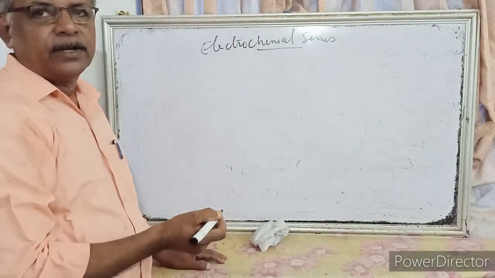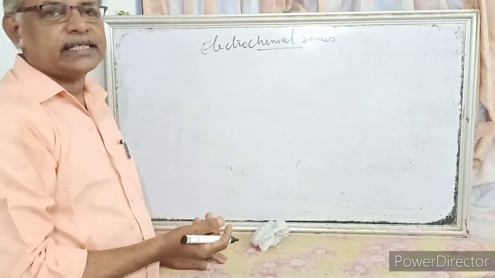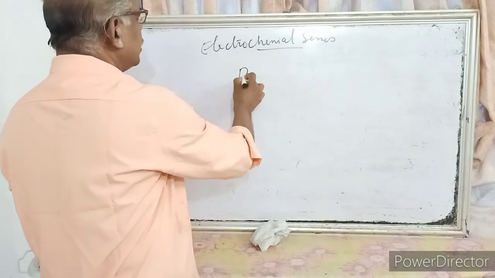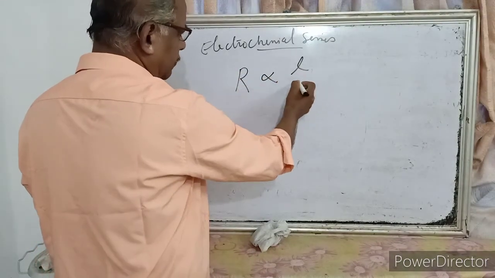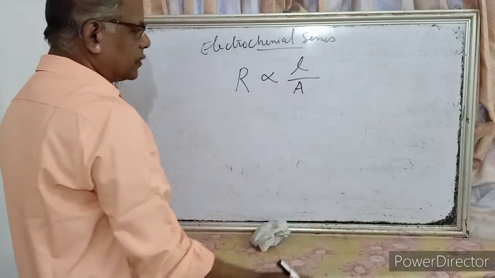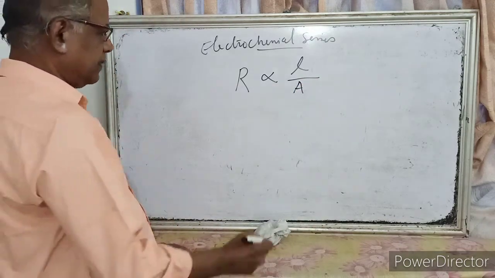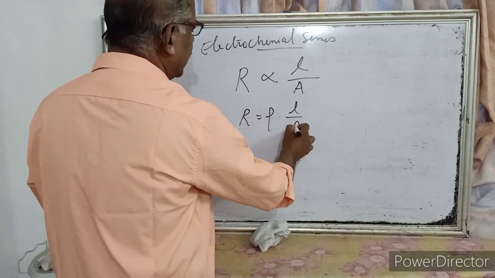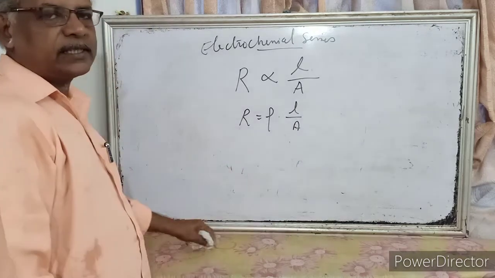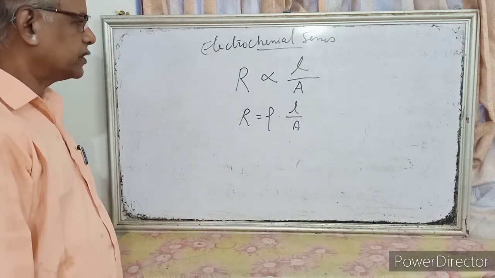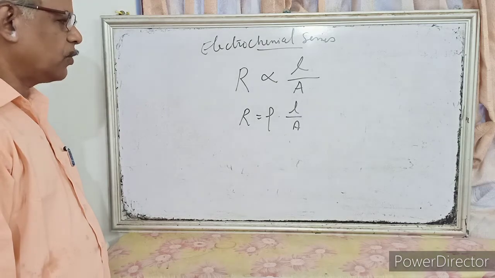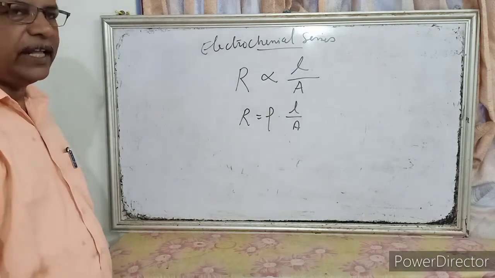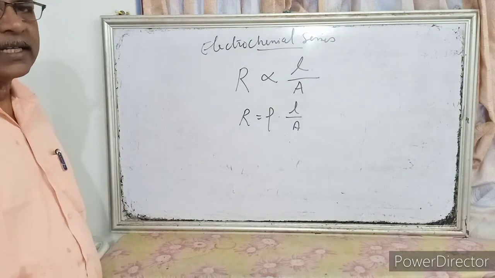Next, we have to study conductance and conductivity. What is conductance? You have studied that the resistance of a conductor is proportional to the length of the conductor and inversely proportional to the area of cross section, or R is equal to rho into L by A, where L is the length, A is the area of cross section, and rho is the resistivity.